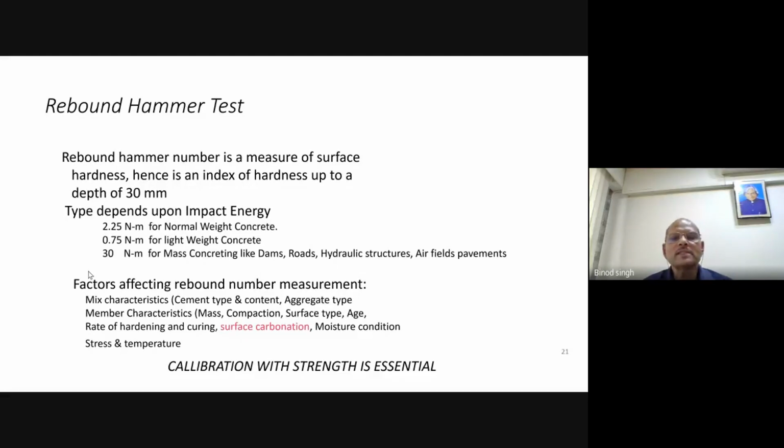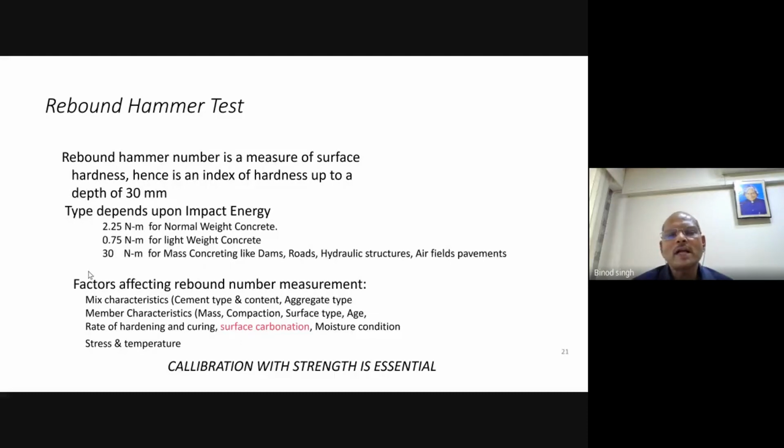Suppose a surface has got carbonation due to the carbon dioxide available in the atmosphere, or suppose a laboratory where carbon dioxide is more, or a bridge where diesel engines are always passing, so lots of carbon dioxide is in contact. That portion will get hardened. When cement reacts with water, there are two components: one is CSH gel and another is calcium hydroxide.